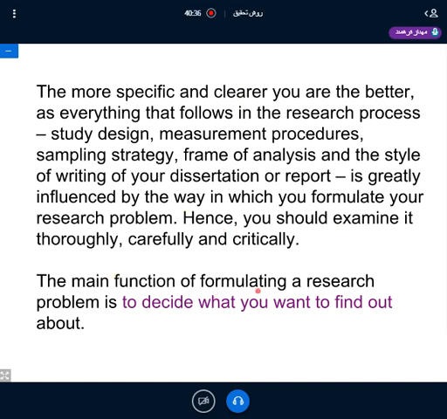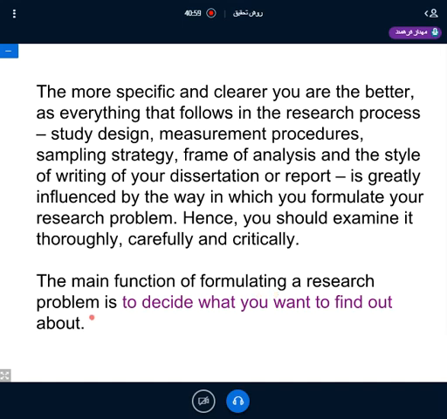The main function of formulating a research problem is to decide what you want to find out about. I change the color to purple to emphasize this step and this sentence.